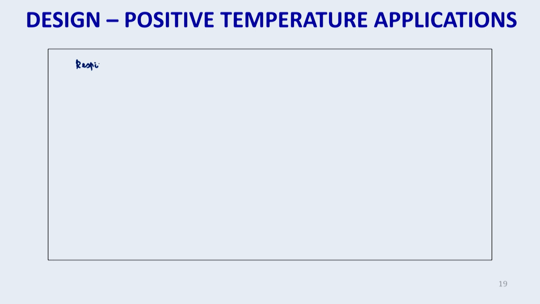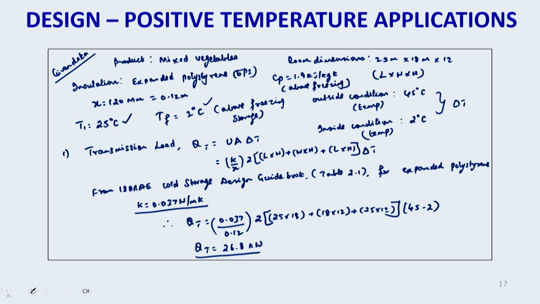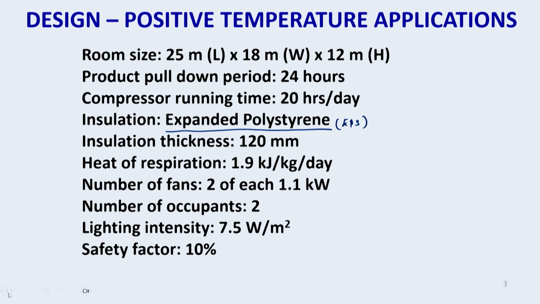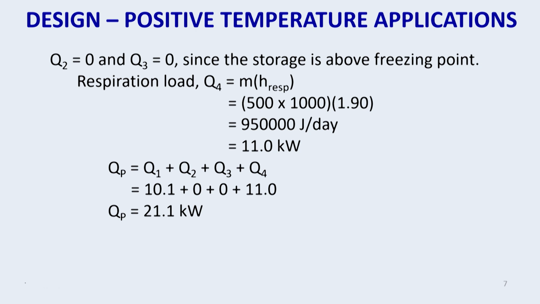Mixed vegetable is a live product, so it will have a respiration load, that is Q4. That is equal to the total quantity multiplied by the heat of respiration. The heat of respiration is given as 1.9 kilojoule per kg per day.